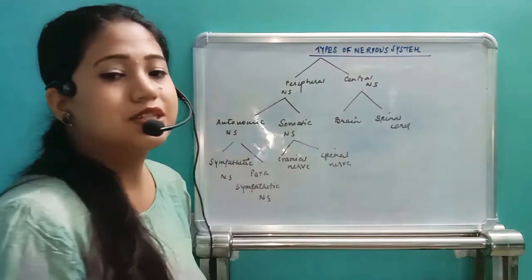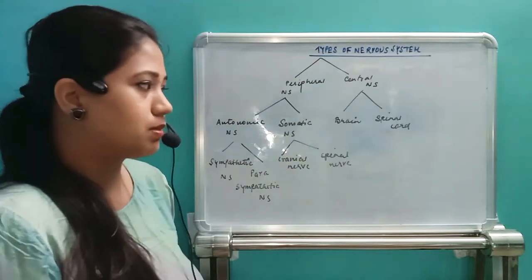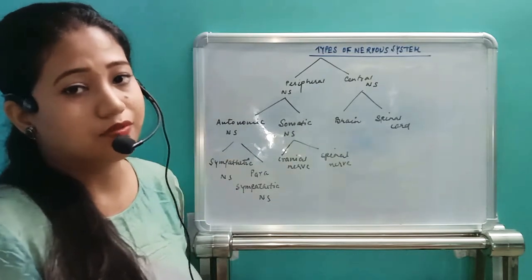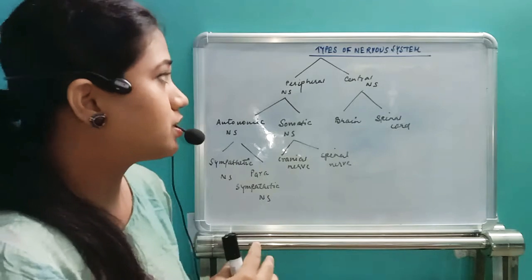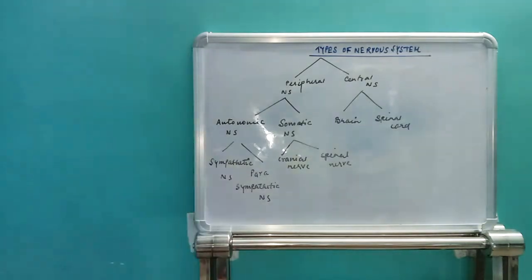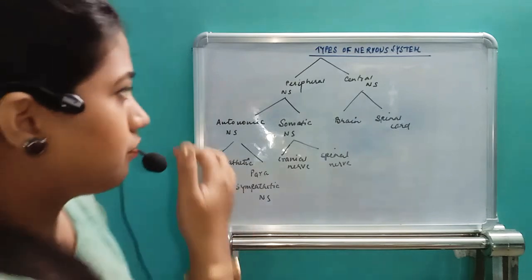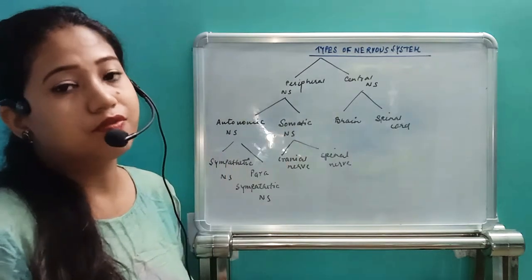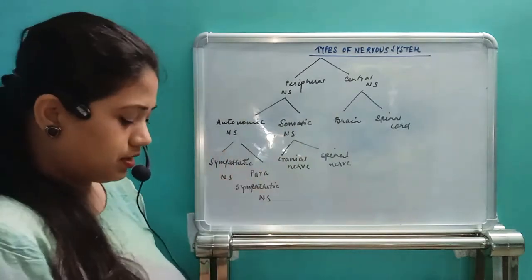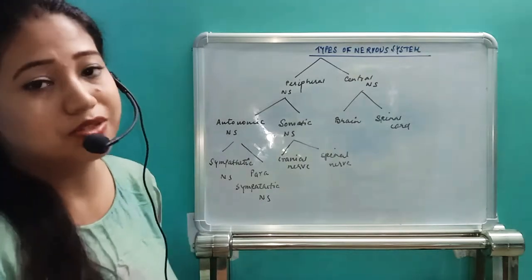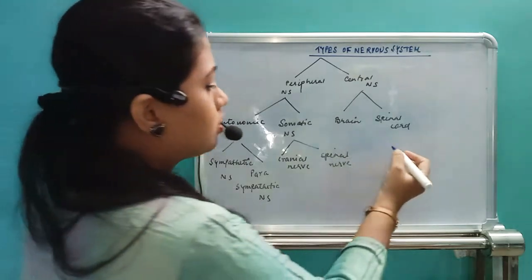Okay, these are the parts or the types of nervous system. So let's see from the first. If it is the peripheral nervous system, it is present on the periphery. I will roughly draw this diagram.